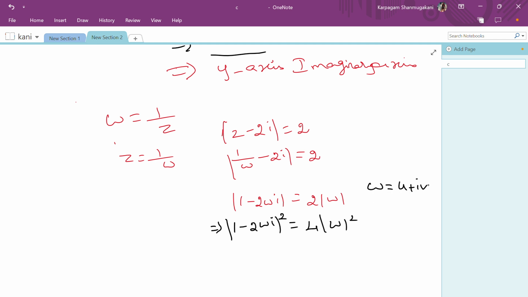w equal to u plus iv. So modulus of 1 minus 2 into u plus iv into i, the whole modulus square, equal to 4 into modulus of u plus iv, the whole modulus square.